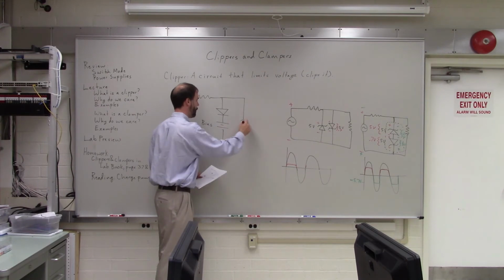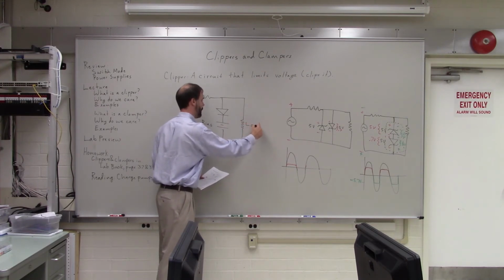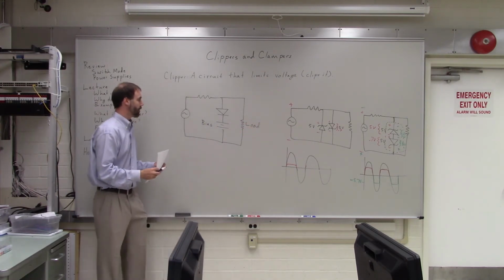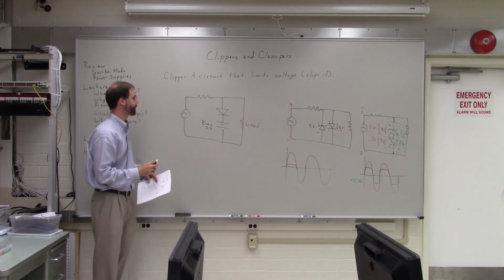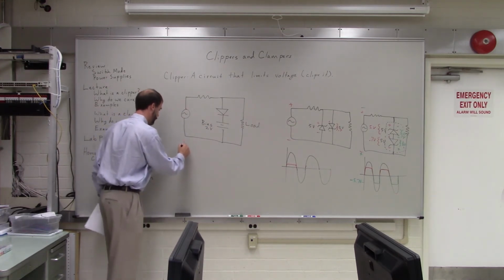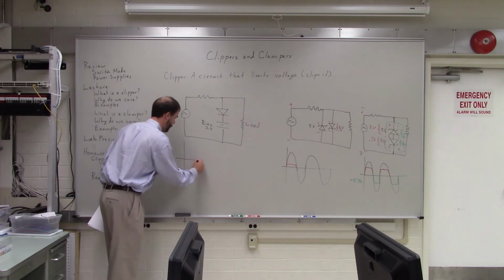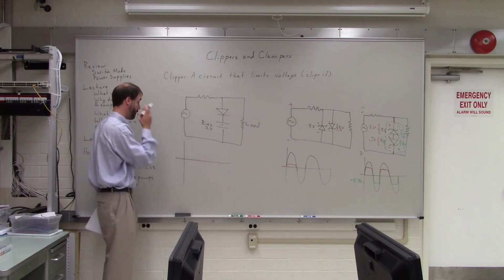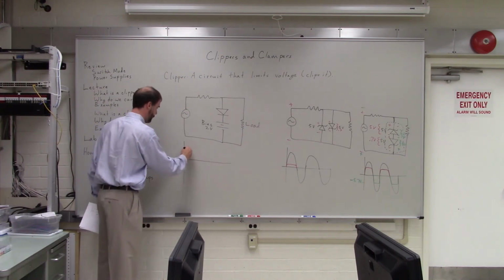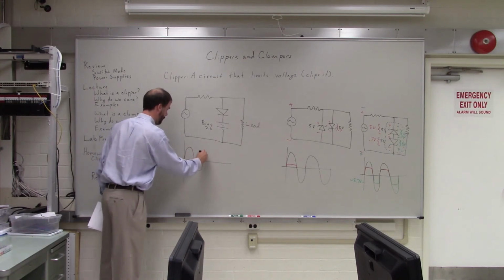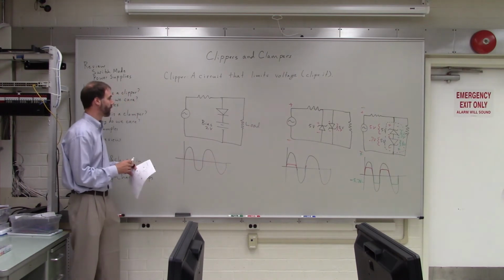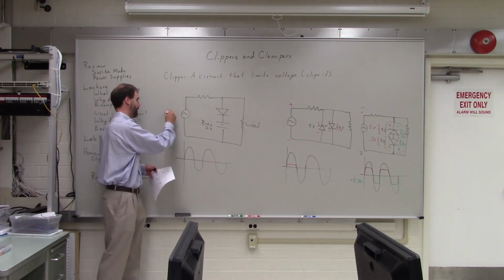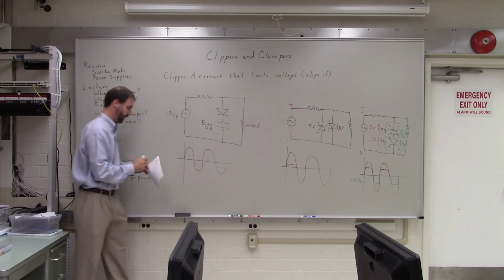And then your load is over there again. So let's say that this was a 2-volt bias. And again, we've got 10 volts peak coming in.